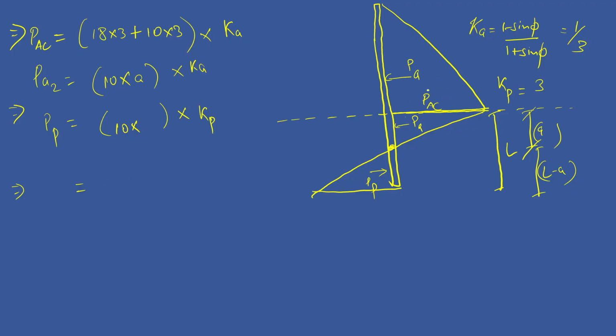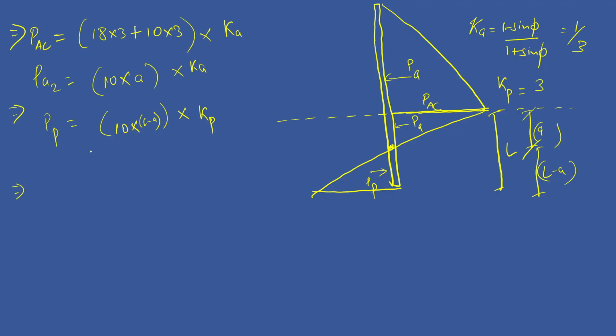This is the total pressure which will be acting, and then this force which will be acting is Pa, which is 10 into A times Ka. Then this passive pressure will be Kp, so this is your 10 into L minus A into Kp.